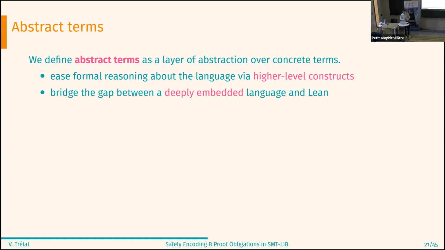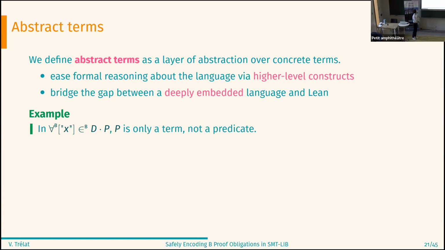Also, the most important thing is that I want to bridge the gap between this deep representation and the underlying system, here Lean. Just an example: in the term for all x in D such that P, here P is only a term, not really a predicate. It's just a term from the language. And this x has no relation with P. P is not binding anything, because it's a deep representation.